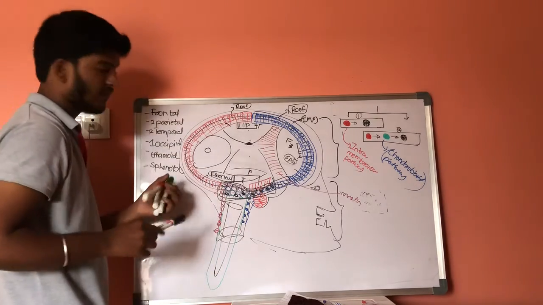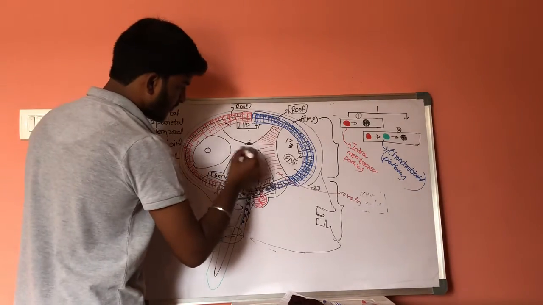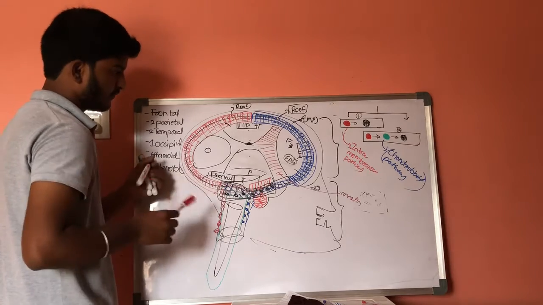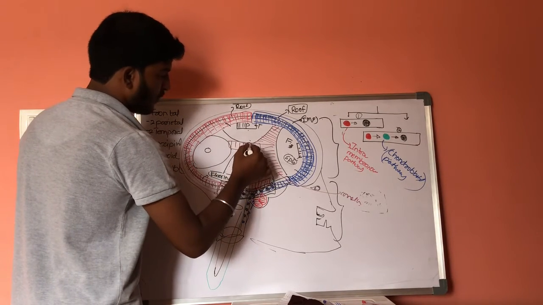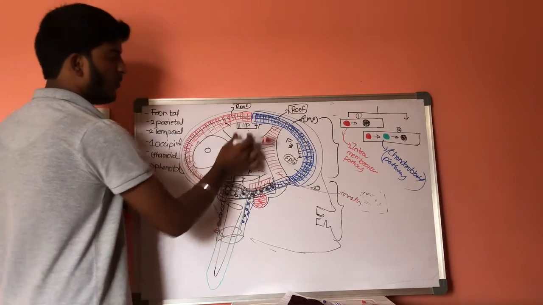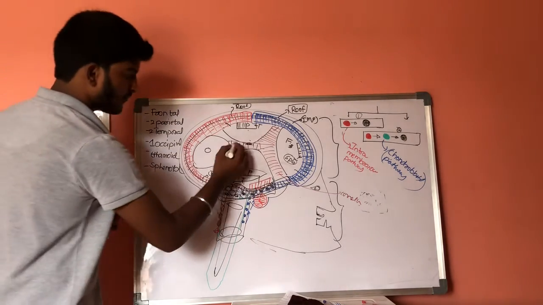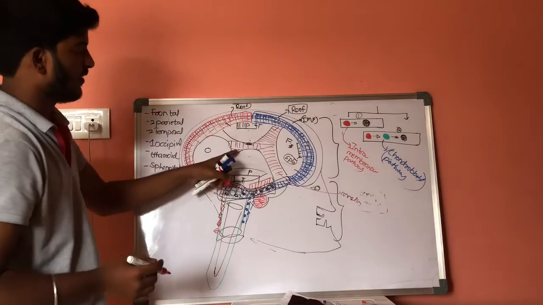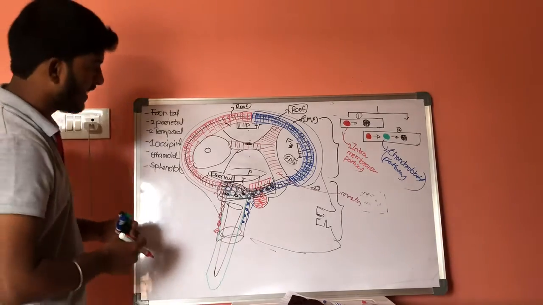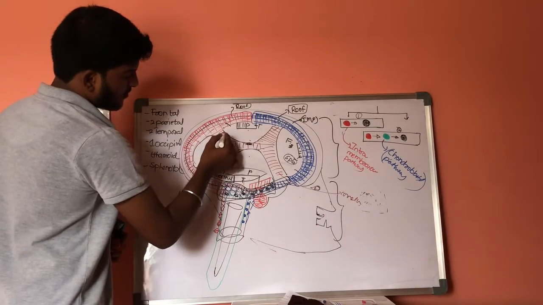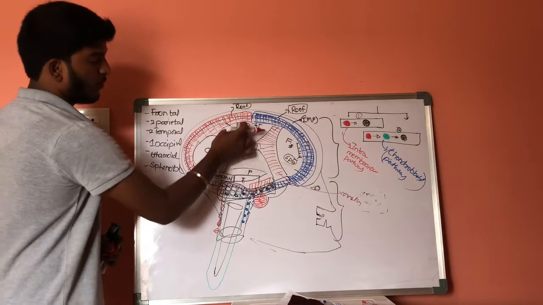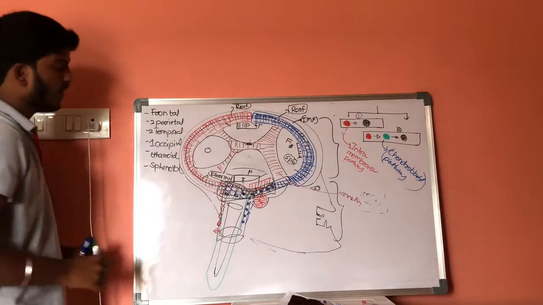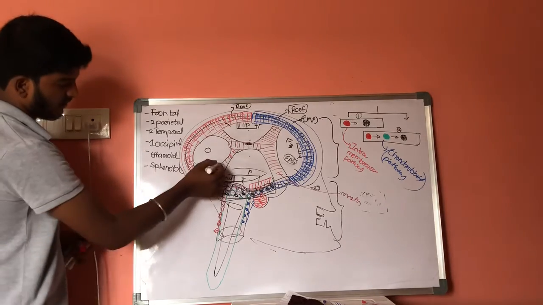There is one more suture present between the two parietal bones, that is called the sagittal suture, and there is one more suture present between the two parietal bones and the occipital bone, that is called the lambdoid suture.